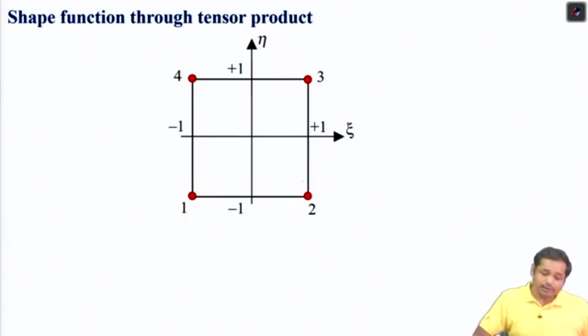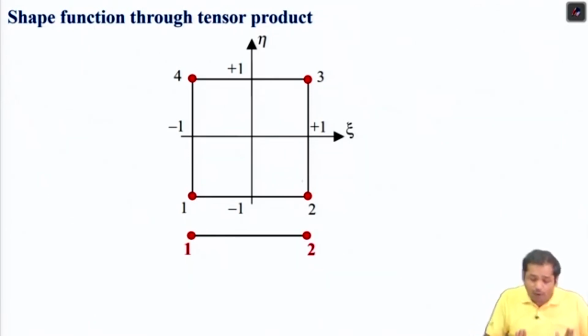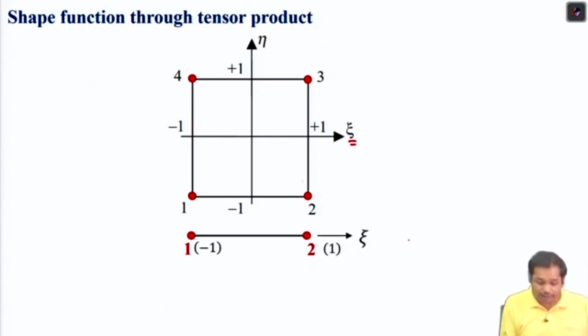So suppose I want to construct the shape function for this element. Now assume we have a one-dimensional 2-noded element like this in the xi direction, between -1 and 1.